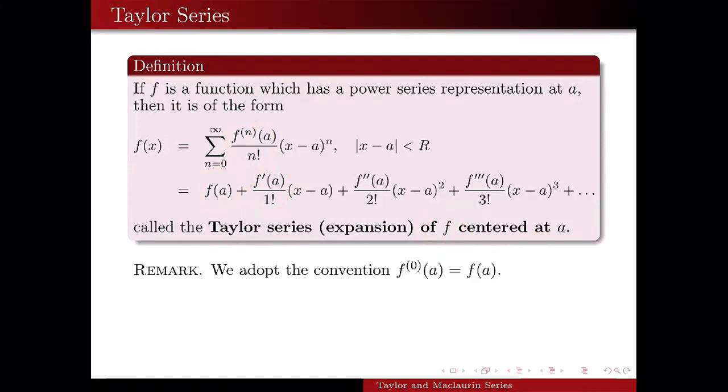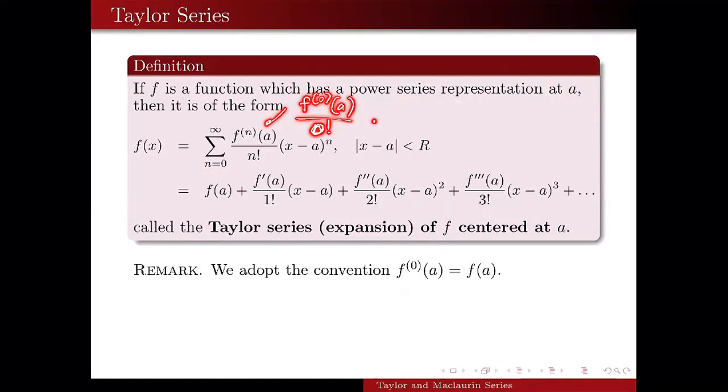Now, of course, we adopt this convention. The zeroth derivative of a function is just the function. Therefore, the zeroth derivative of A is just your f of A. It's important to mention that because your n starts from 0. So you might ask me, what is the zeroth derivative of A divided by 0 factorial?